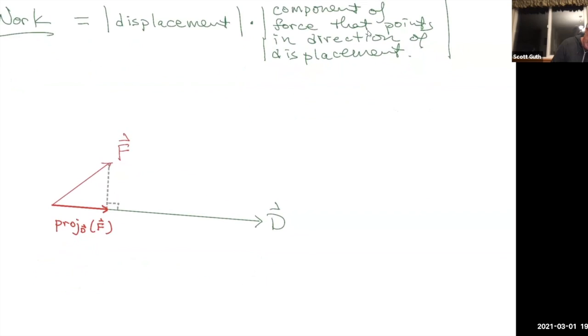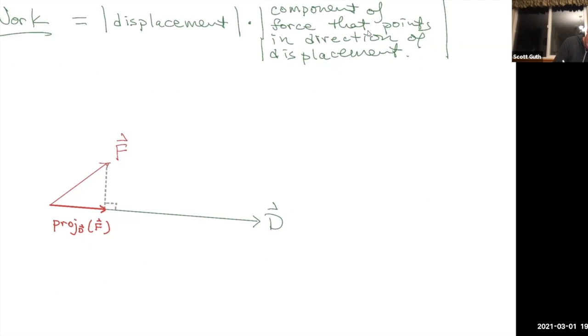Okay. So if we just go back to our formula here, the magnitude of displacement would be the magnitude of D times the magnitude of the projection onto D of F, like that.